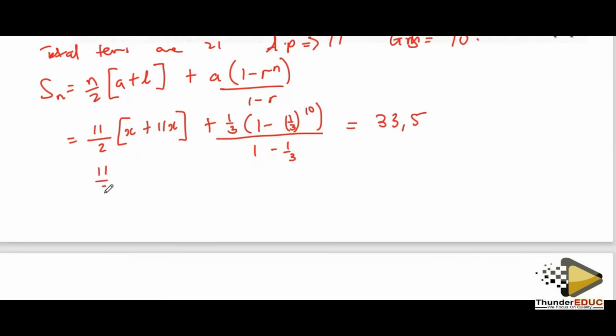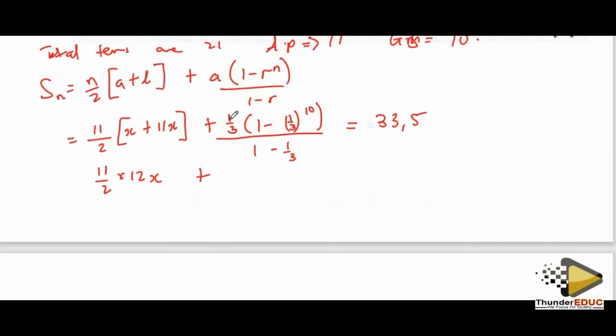So 11 over 2 times 12x plus, when I simplify this, I'm not going to assume, let me just use my machine. Say 1 over 3 to the exponent of 10, close that bracket, then 1 minus 1 over 3.